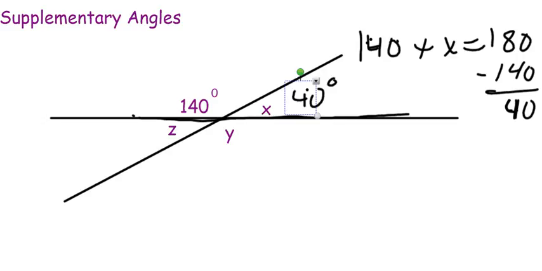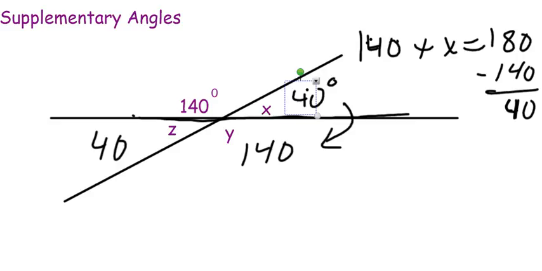So now I've solved for x and I have 40 degrees. The other thing we can see is these intersecting lines. Going from x to y, it's going to be 180 minus 40, which gives me 140 degrees, and then here, like that.